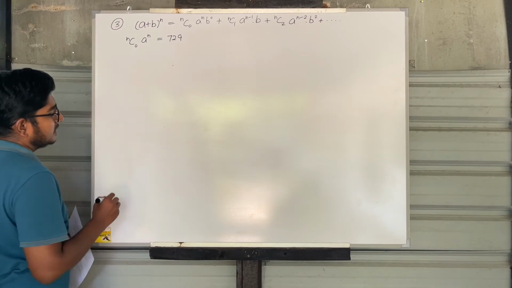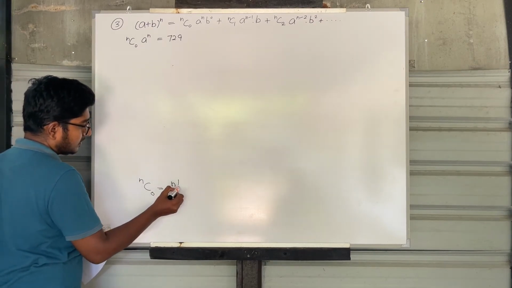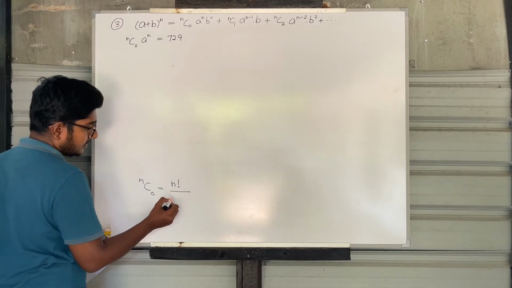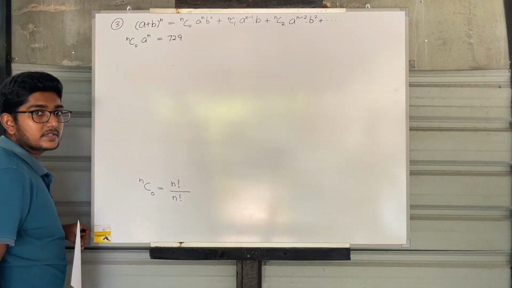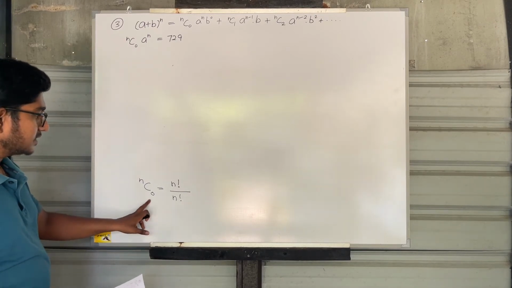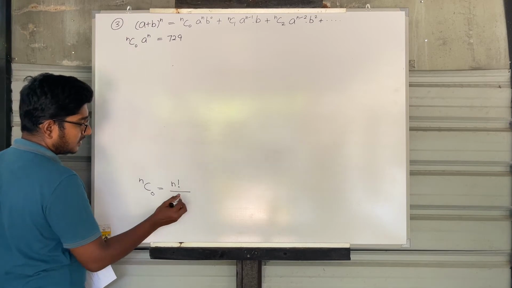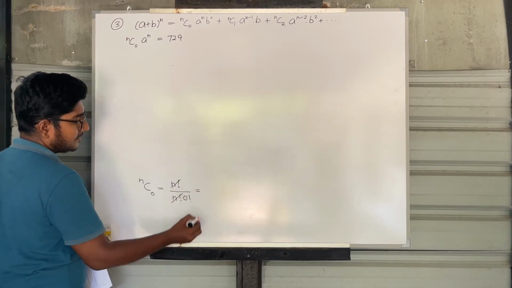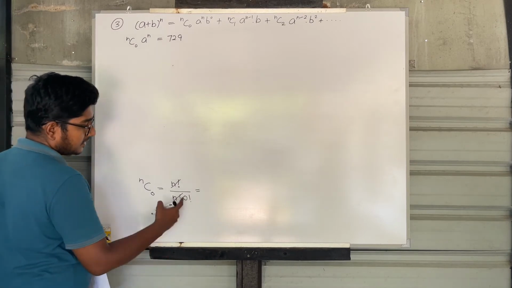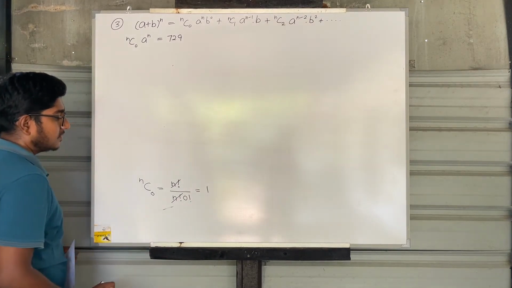nc naught is n factorial divided by n minus 0 factorial. N minus 0 means n. Again this one factorial, 0 factorial. N factorial get cancelled. 0 factorial is 1, so the answer is 1.